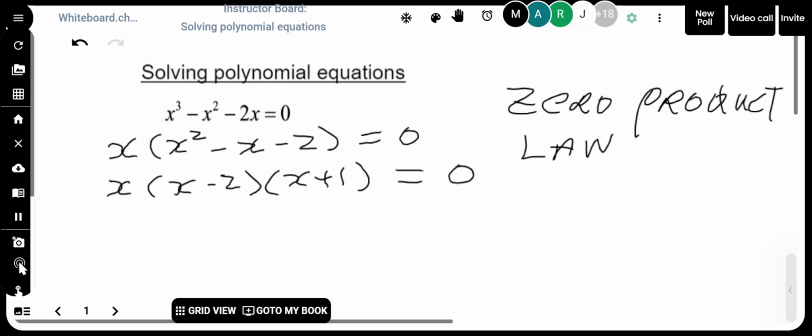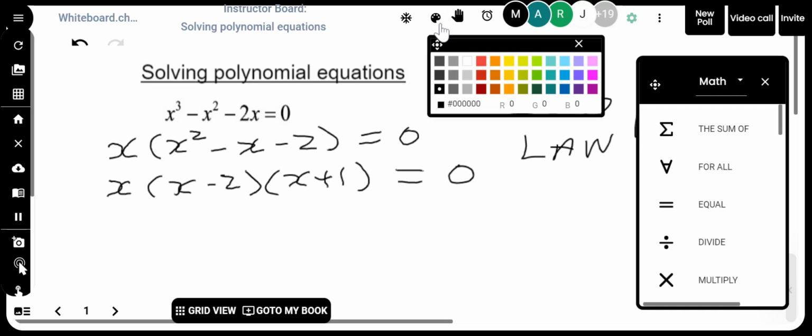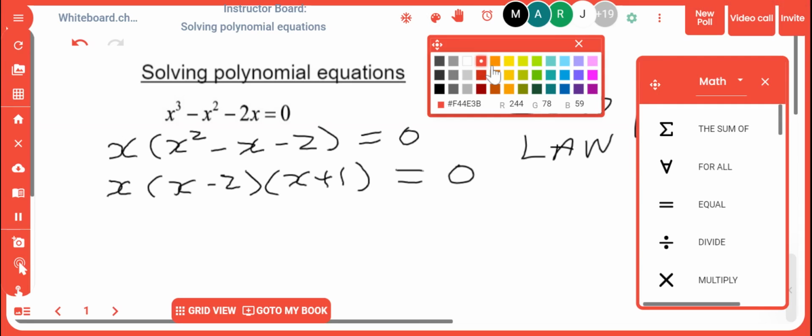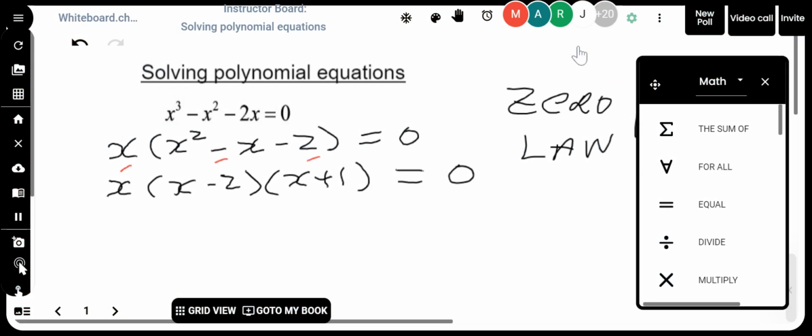Okay, so zero product law says this. If I'm multiplying these 3 things, there are 3 things being multiplied here, right? I'll just put a little thing on them. So I'm multiplying this, I'm multiplying this, and I'm multiplying this, those 3 things. Then what the zero product law says is that one of those 3 things has to be 0. For you to get 0, then one of those 3 things has to be 0.